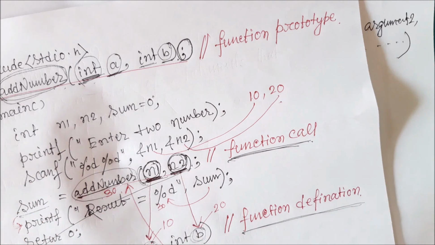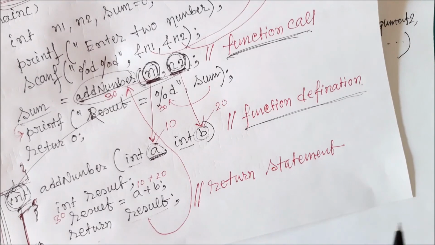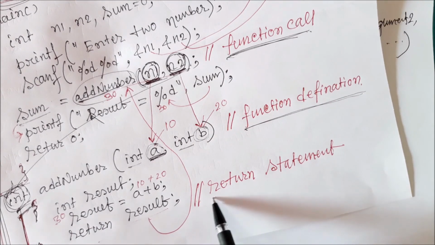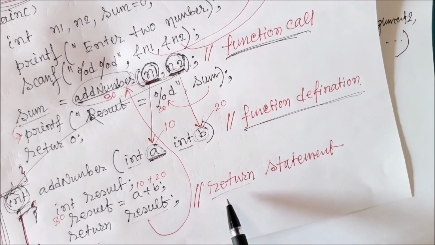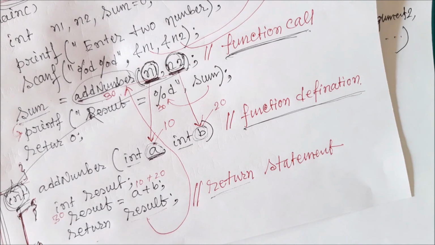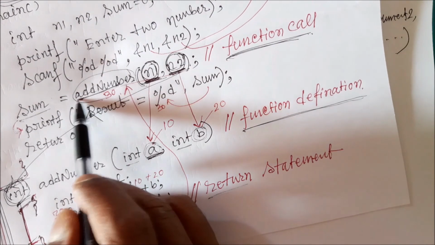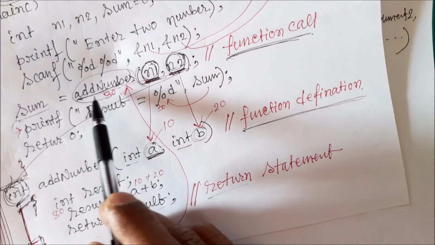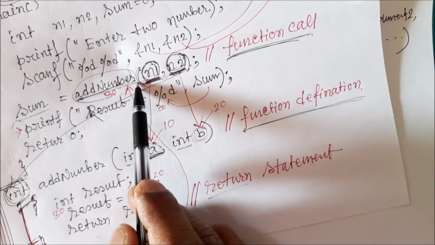The last thing we have to explain here is the return statement. A return statement terminates the execution of a function and returns a value to the calling function. So, who is calling this function? The main function is calling this function, this is the called function.